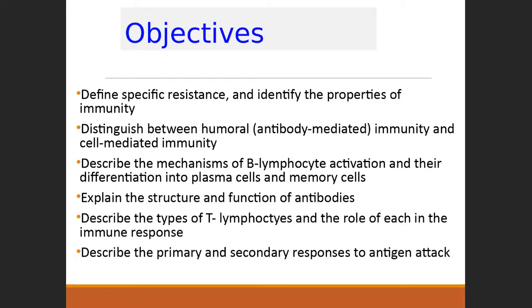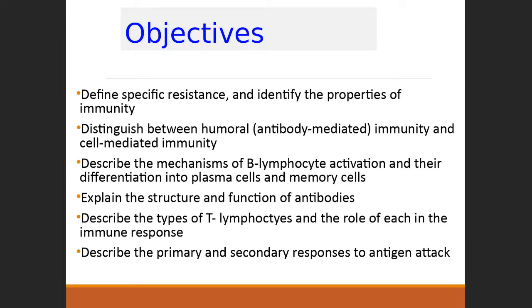We need to understand what a specific immune response happens to be and how we can distinguish that first and foremost from what we've already talked about in an innate immune system. Then once we finally get into the adaptive immune system, we have to look at the components. How we can divide it up: B cells, T cells, humoral immunity versus cell-mediated immunity.